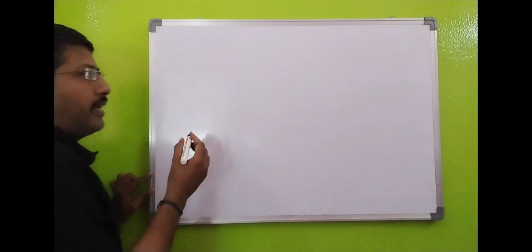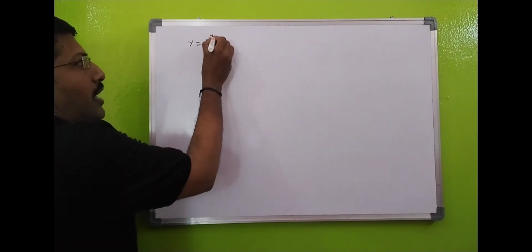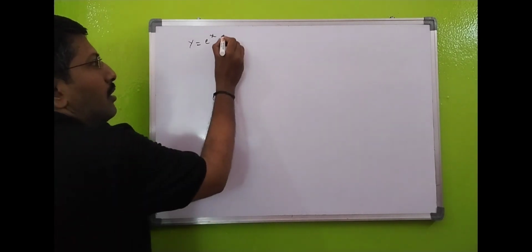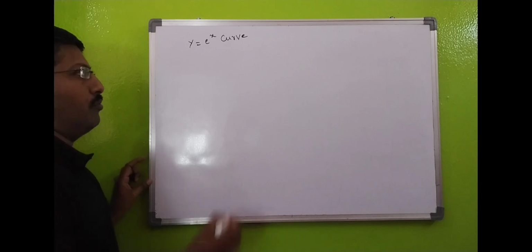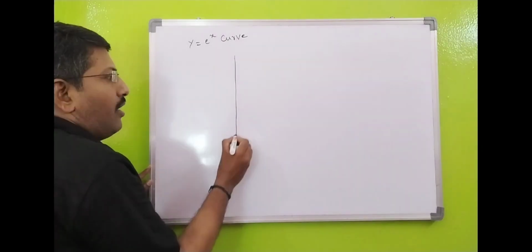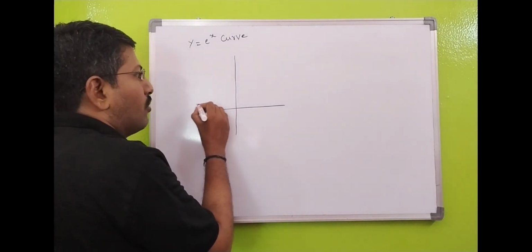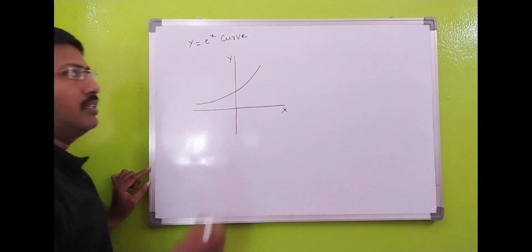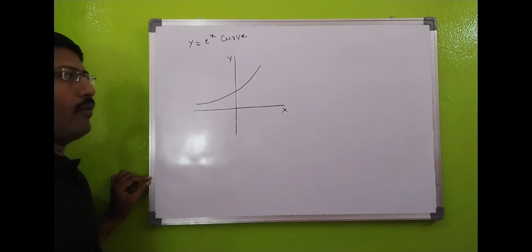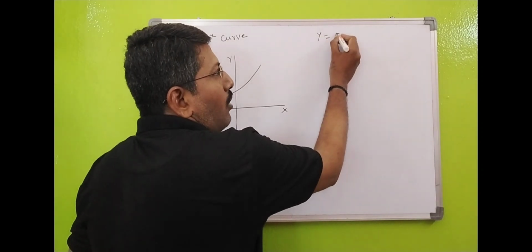Next, if anybody asks y = e^x, the y = e^x curve. Here, the y = e^x curve is represented like this only, with y and x axes. Now the y = e^(-x) curve.